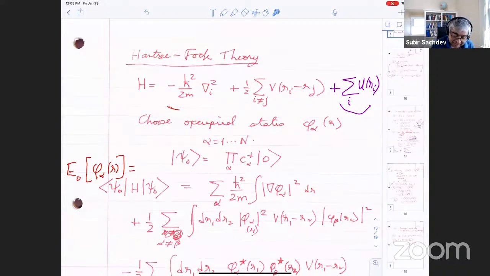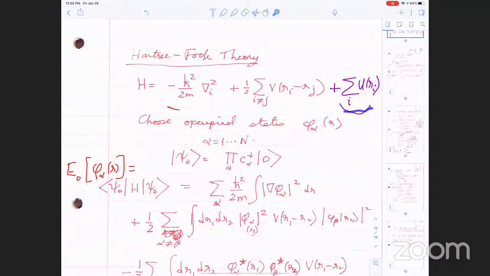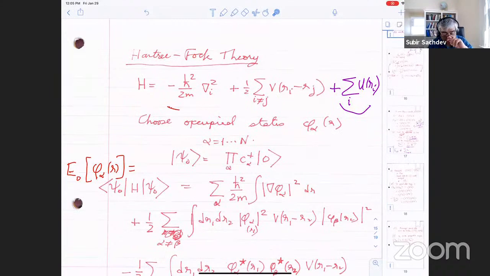And in a crystal, this would be some kind of periodic potential. And this will be just the ordinary Coulomb potential, depending on the spatial separation of the electrons, if you're referring to electrons.